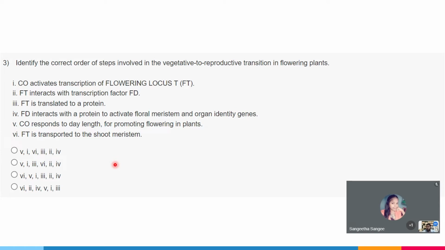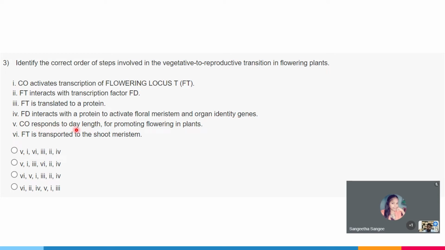These options include: the first is that the gene CO activates the transcription of flowering locus T, or the gene FT. FT interacts with the transcription factor FD. FT is translated to a protein. FD interacts with the protein to activate floral meristem and organ identity genes.